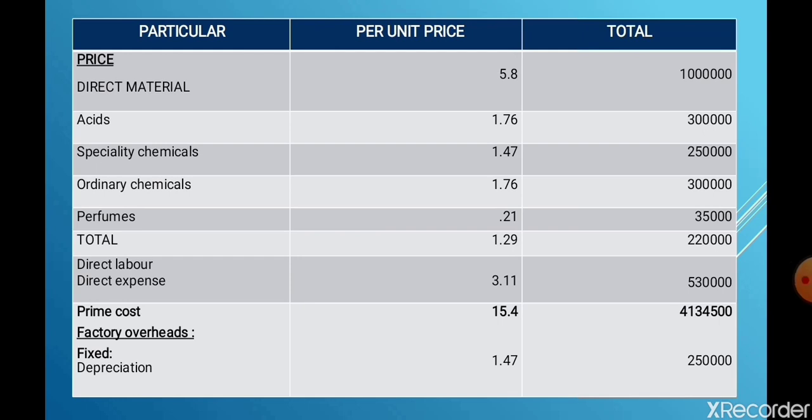In that cost sheet I include direct material like acid, specialty chemicals cost, ordinary chemicals cost, direct labor cost, direct expense cost.